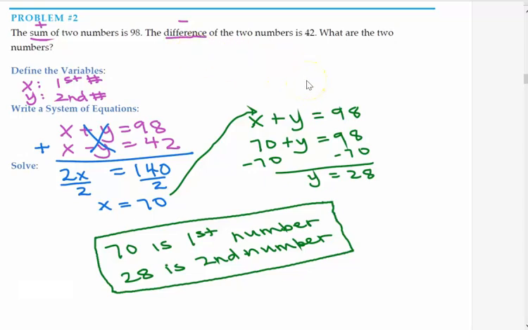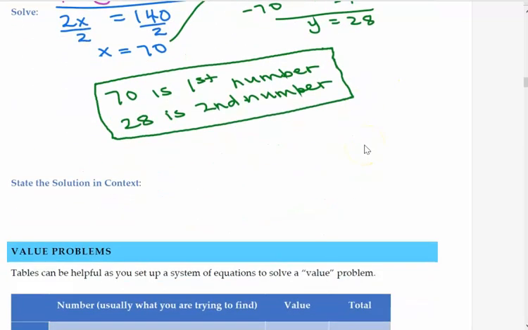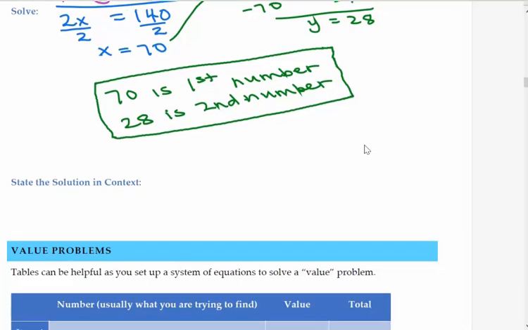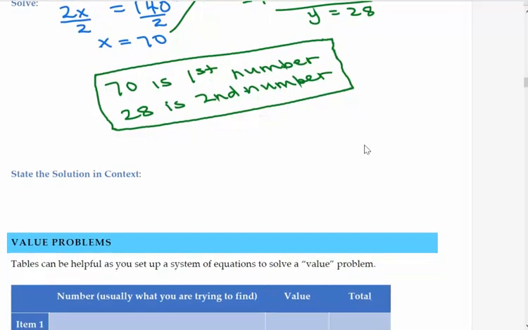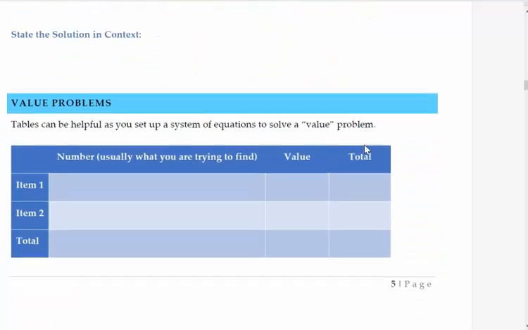And it's good to do it, because then on some of them it's easier to see, does my answer make sense? On this one where we're just dealing with numbers, it might be hard to tell. But on this next one that we go over, you'll see what I mean. And so when I say state the solution in context, that's what I mean here. All right, 70 is the first number, 28 is the second number.